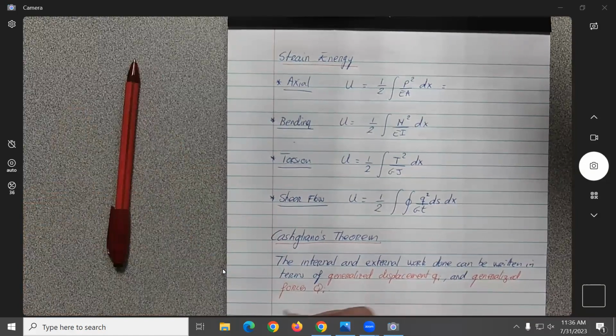Okay, and if you remember, strain energy U is equal to the work done by internal forces.